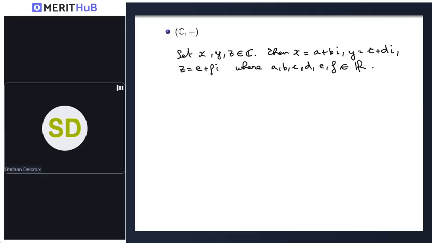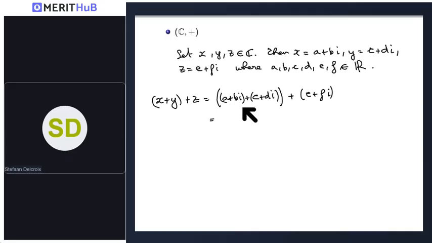You can only add two things at a time. So plenty of parentheses. So what if we first add x and y and then z? x is a plus bi, y is c plus di. I'm going to use parentheses here, but that's not really needed, just for clarity. So that's x plus y, and then we add z to it. So first I add these two. How do we add these two complex numbers?